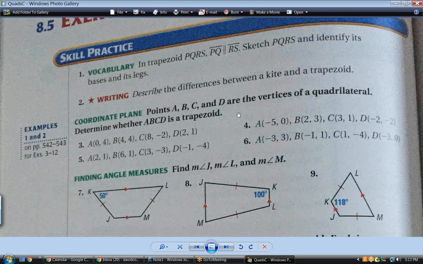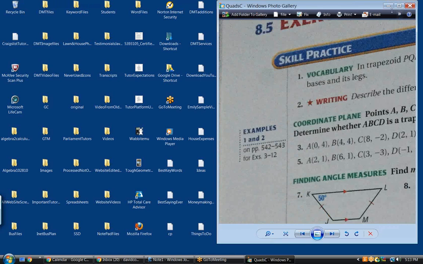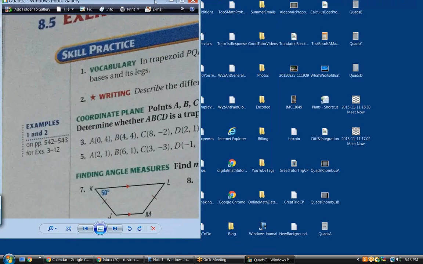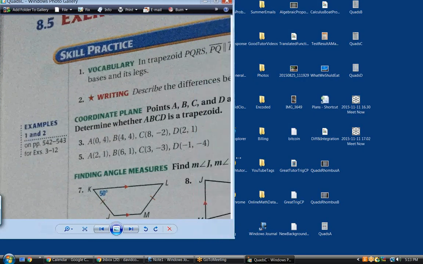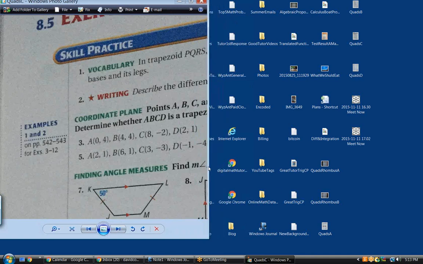If I'm trying to figure out whether it's a trapezoid or not, let's look at just 3.